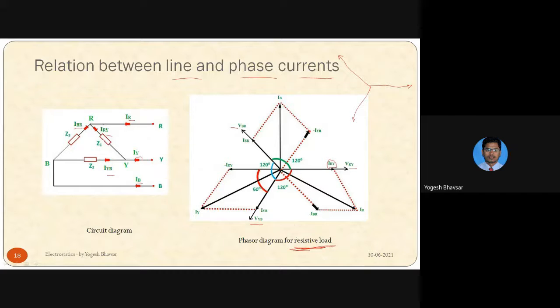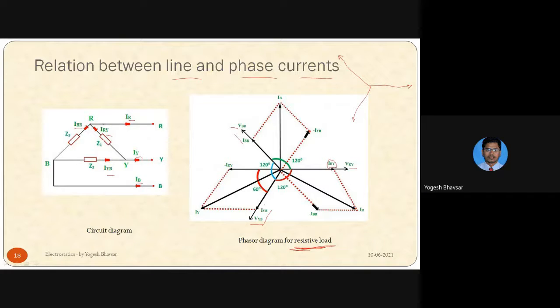Since we are considering resistive load, IRY is in phase with VRY. Similarly, IYB is in phase with VYB and IBR is in phase with VBR. So we plotted 3 voltages and 3 currents.